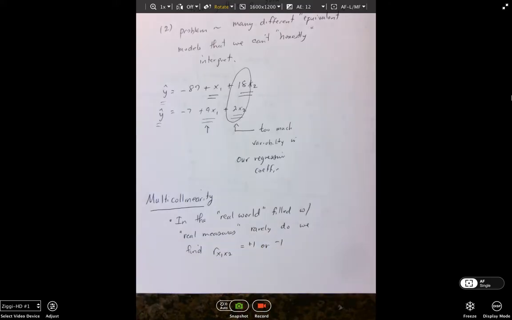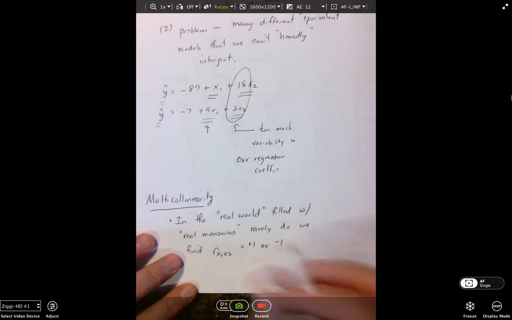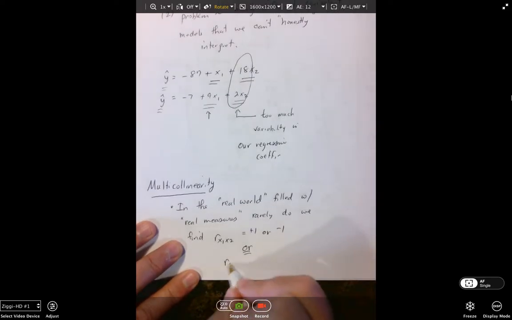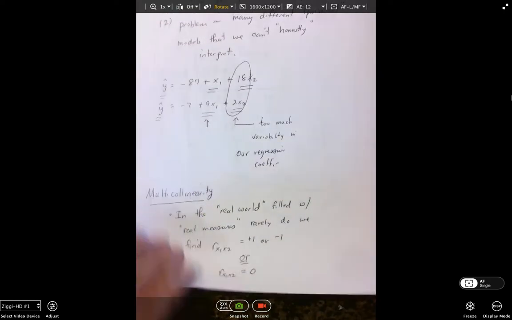Do we find that the correlation between two variables is equal to plus or minus 1, and actually to be quite candid about all this, rarely do we find where the correlation will be exactly equal to 0.